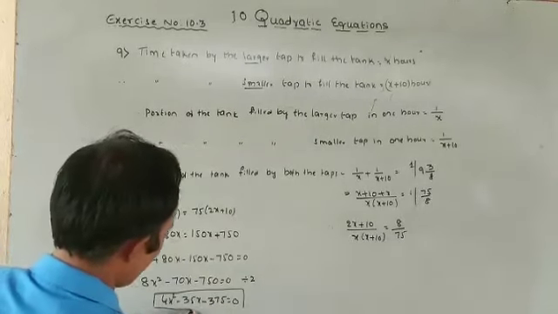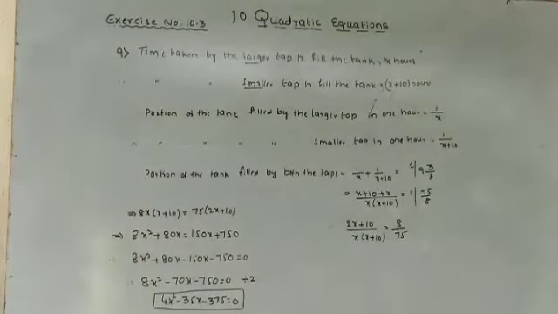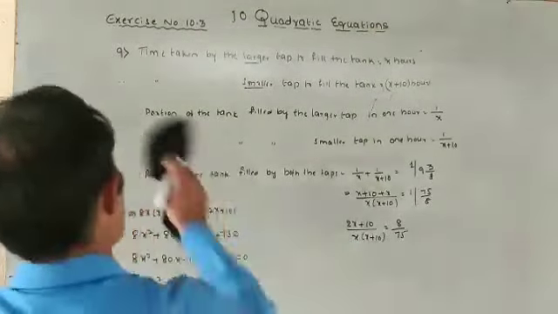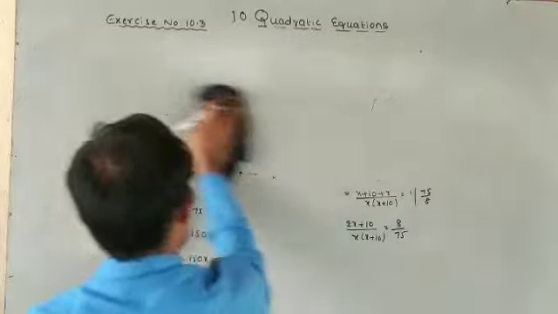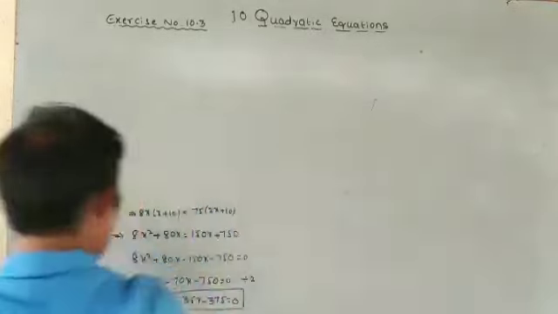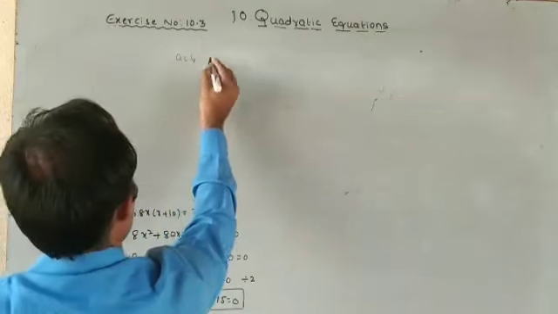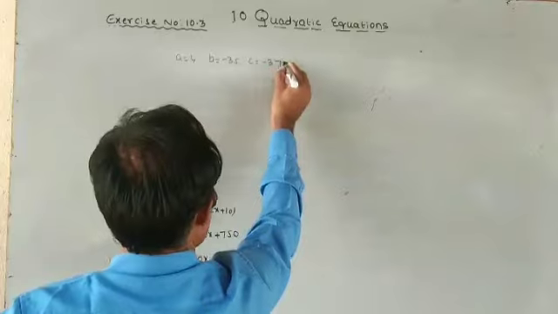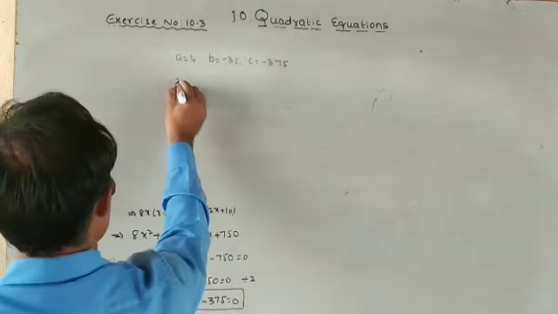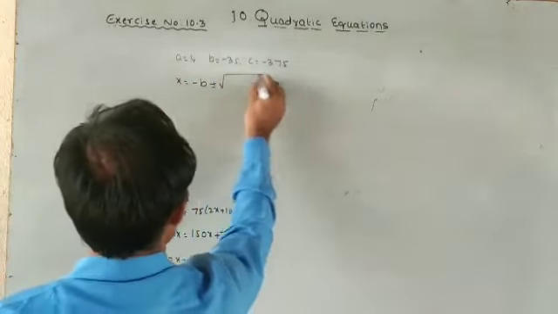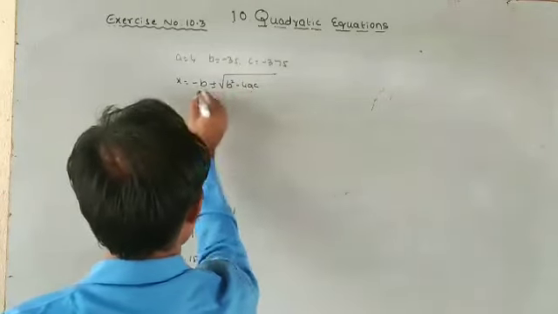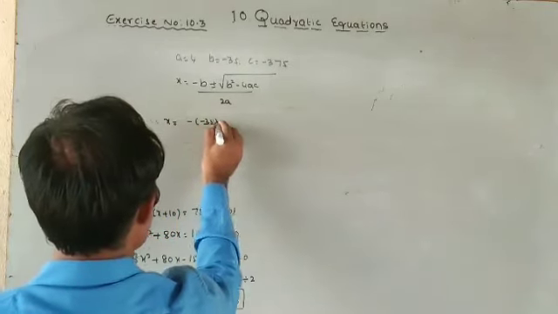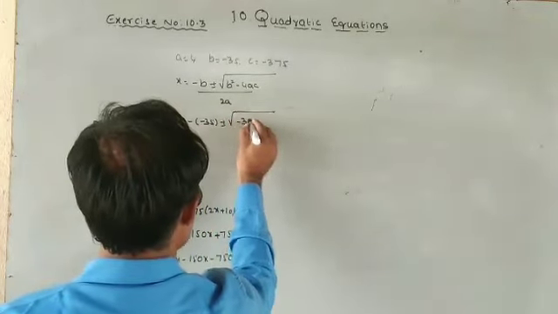Yes, first what you have to consider here is the time taken by the larger tap. Let the time taken by the larger tap to fill the tank be, say, x hours.